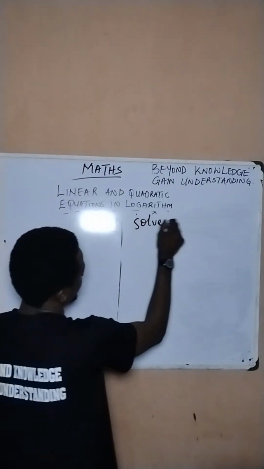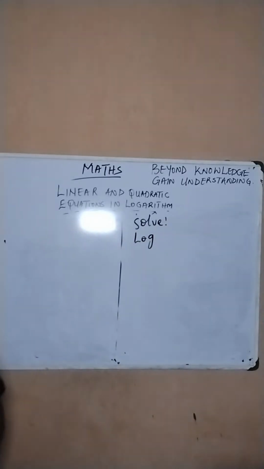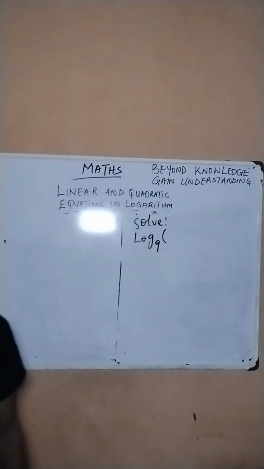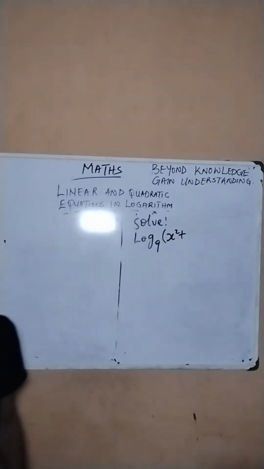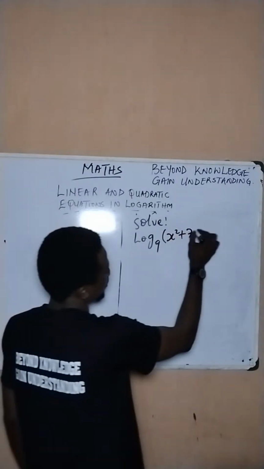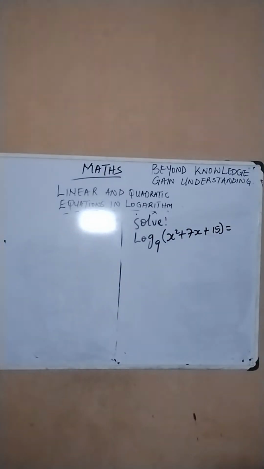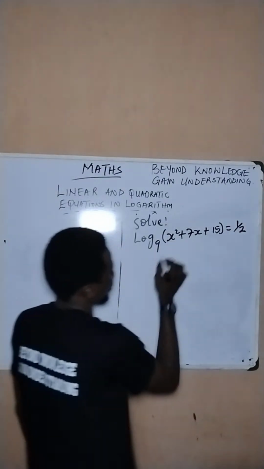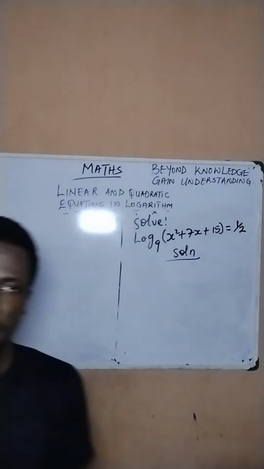Solve log to the base of 9 of (x squared + 7x + 15) equal to 1 over 2. Solution. How do we solve these?